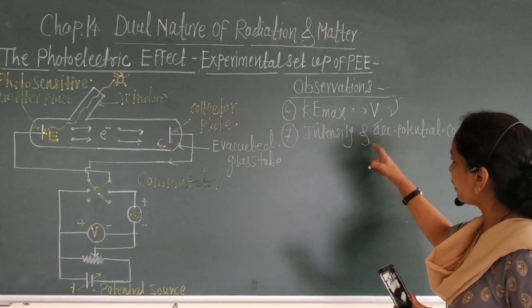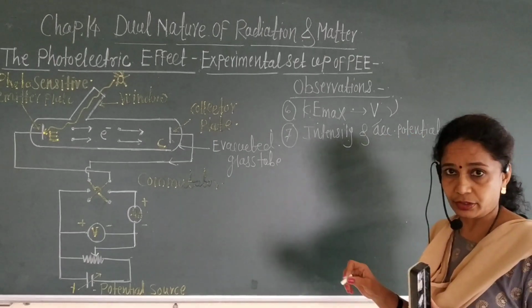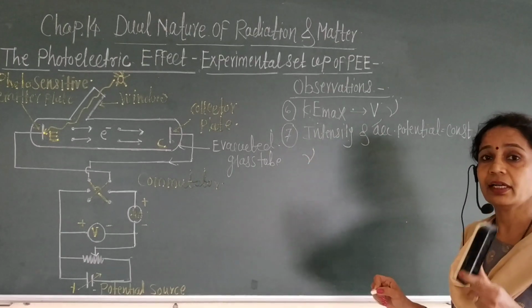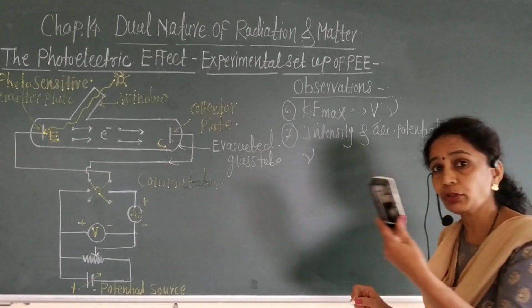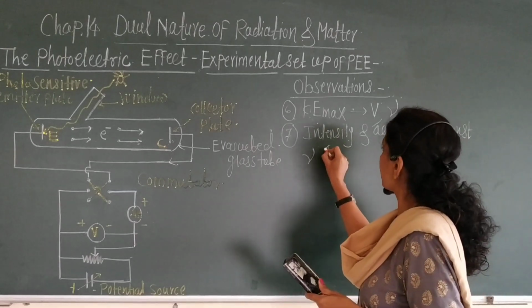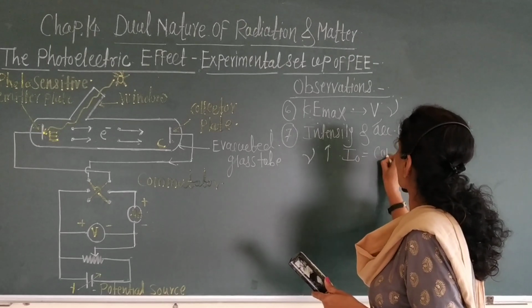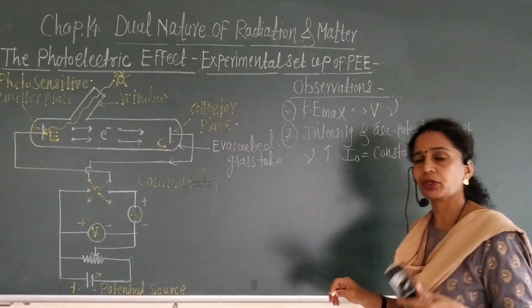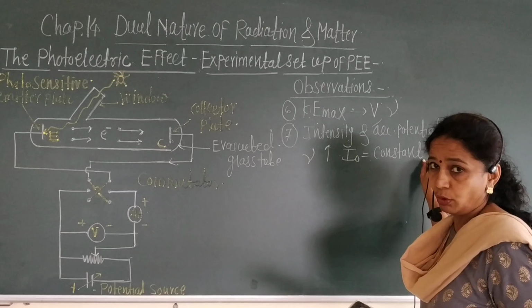Intensity of incident radiation and accelerating potential remain constant. As the frequency of incident radiation changes, what about the saturation current? The saturation current I naught remains constant. We get these observations: if the frequency of incident radiation changes, I naught remains constant.